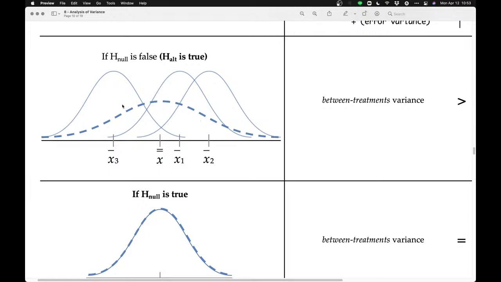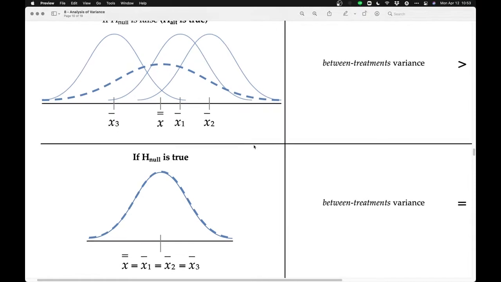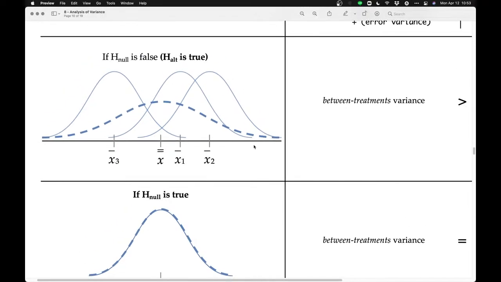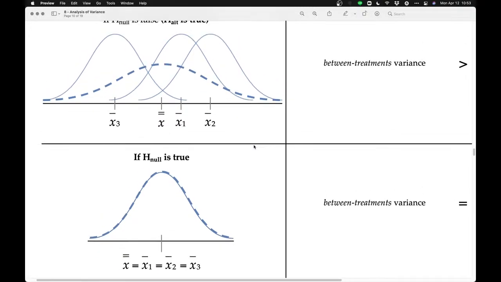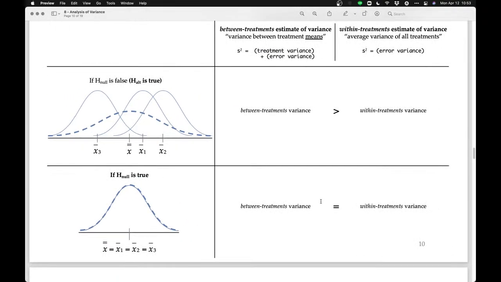That's the dark line here. If the three treatments were the same, they didn't have much of a difference from each other, the picture would look closer to this, where the variance of the whole system would be similar on average to the variance of the three treatments.